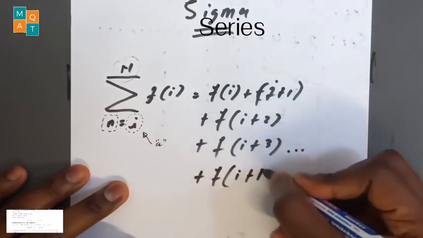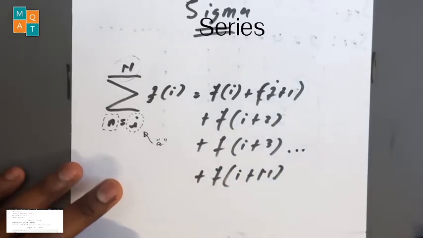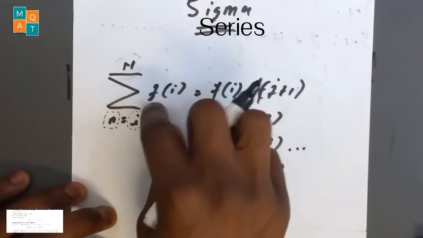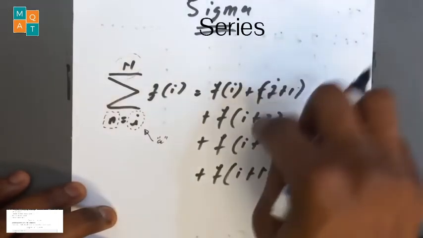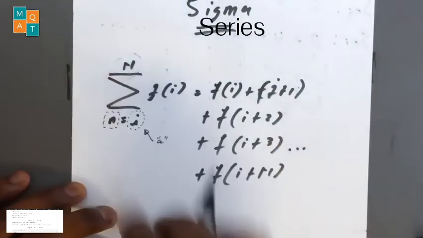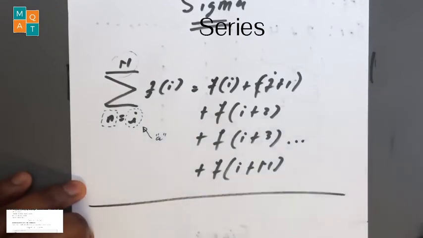That's what this means. I keep taking this same function, incrementing i inside, and taking the answers, but I sum only up till n times. I'm hoping this makes sense. I tried explaining it as best as I can.